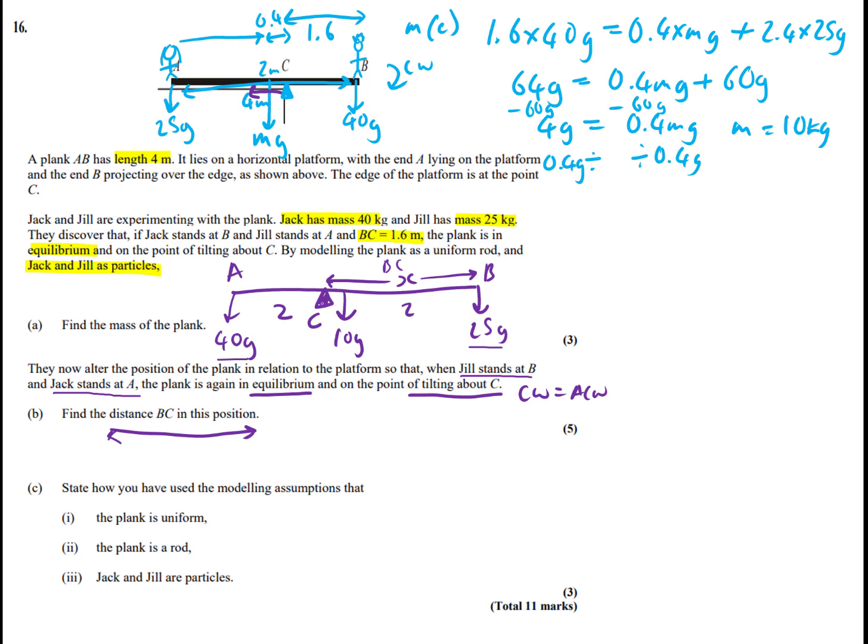So we're going to make this assumption that C is beyond the midpoint of the uniform rod, which is 2. So let's take moments around the new C. So let's do this first. We have X times 25G.